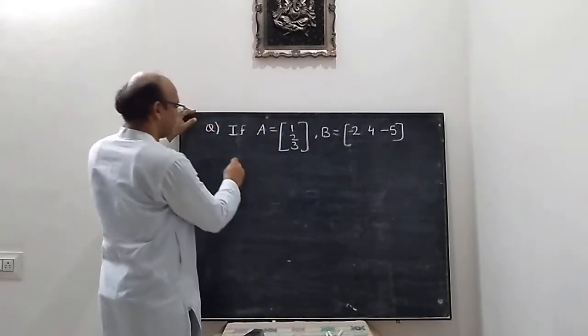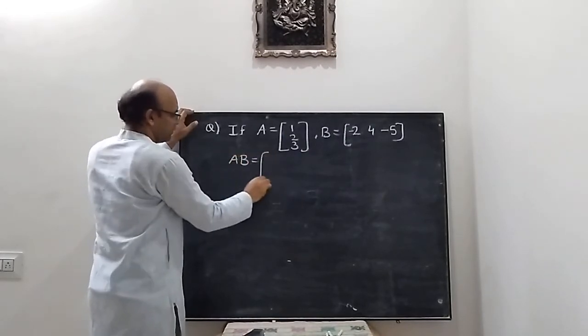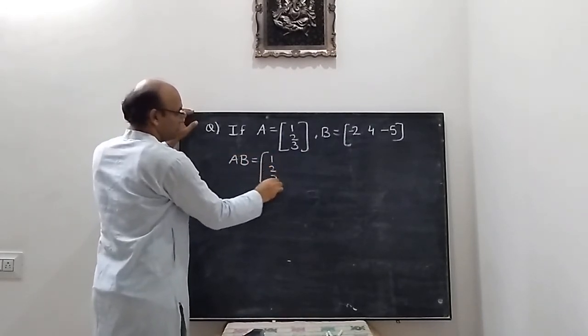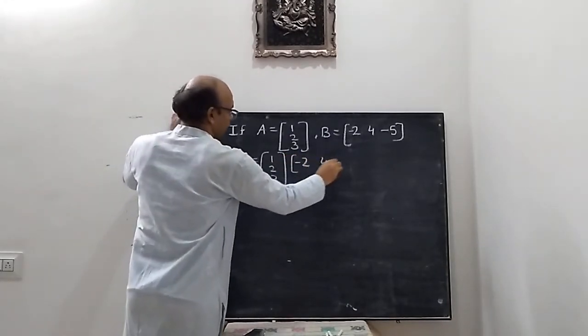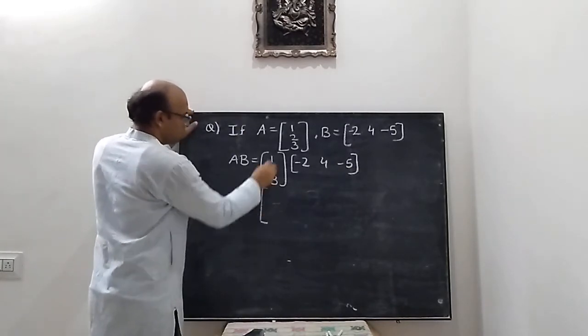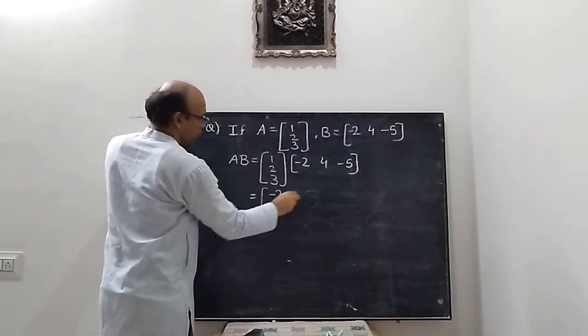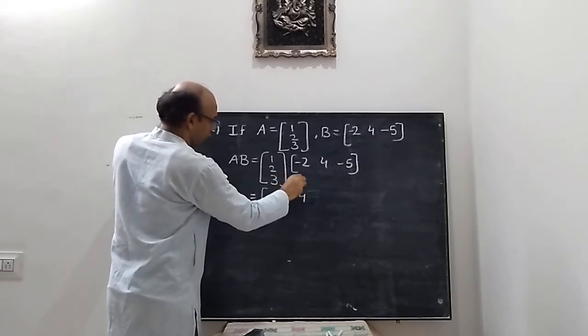So first of all, what we do is we take out AB. AB is 1, 2, 3, and then this is minus 2, 4, and minus 5. We multiply the 1 into minus 2, and please don't forget to check the order.